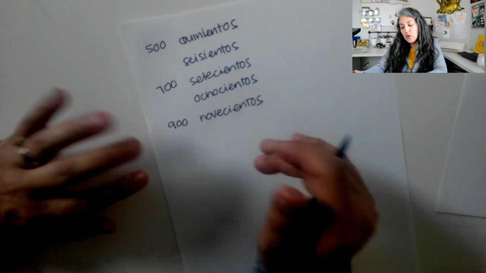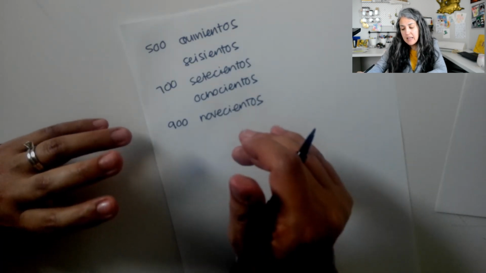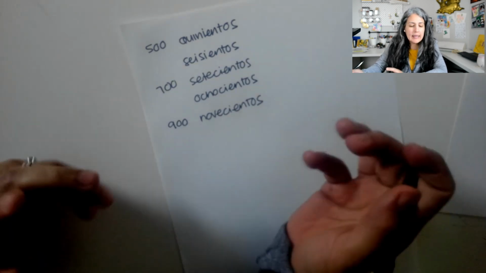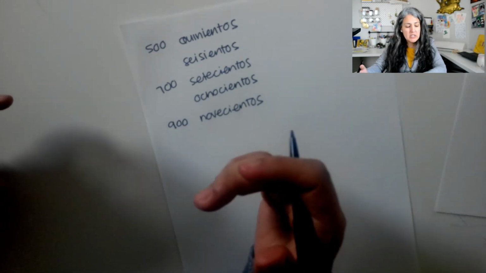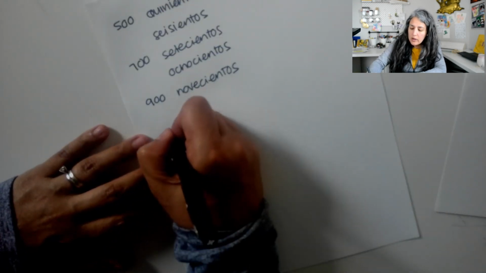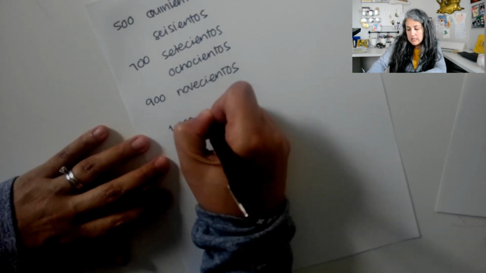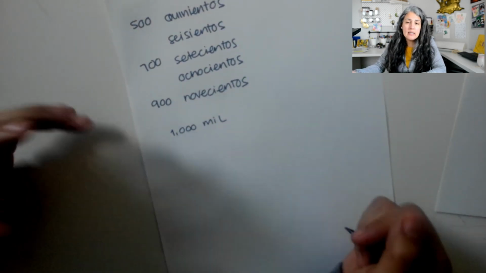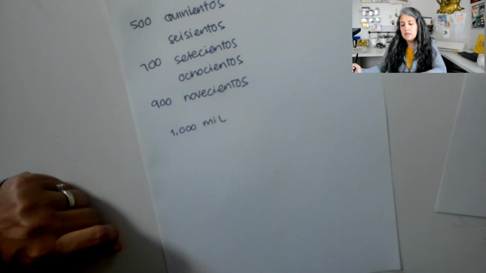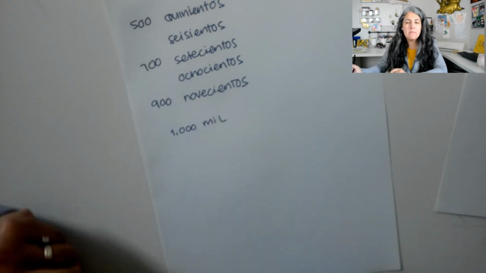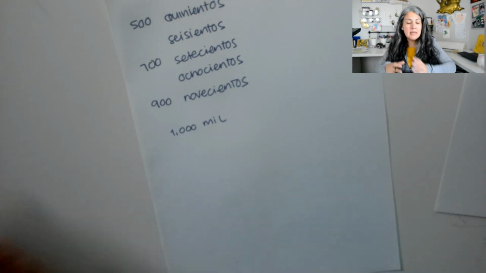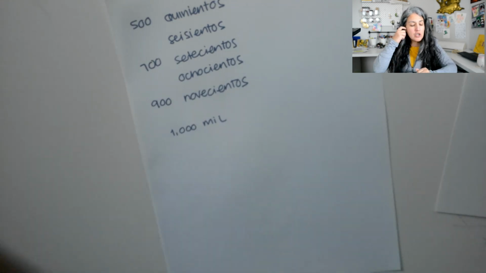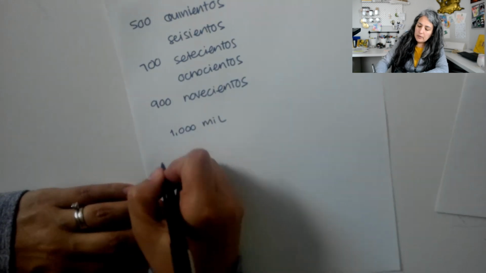So now, after 900, we have thousands. Again, it comes from a Latin root, which is mil. So 1,000 is mil. We can do the same things for 8,000, 3,000. Just the mil means thousand. So let's do a bigger number now.